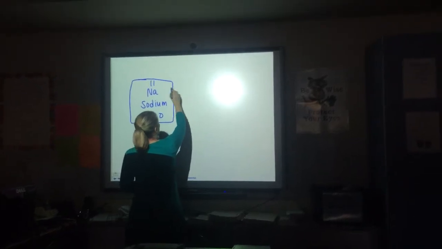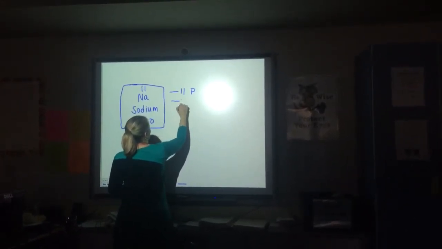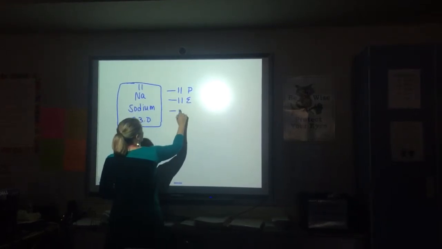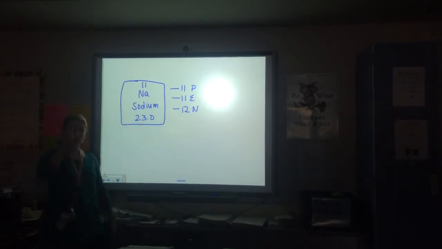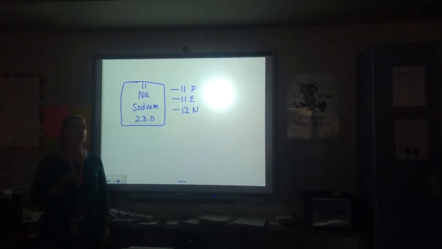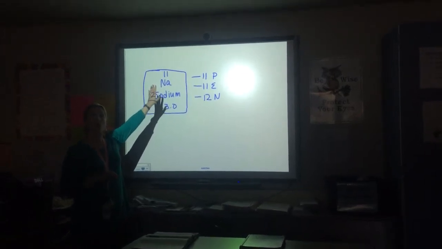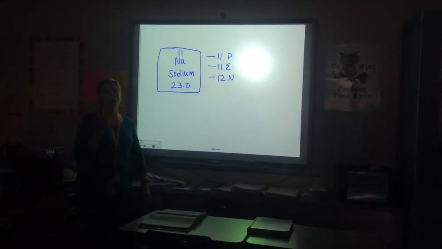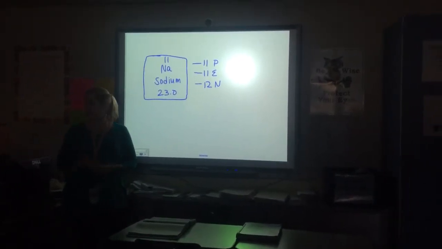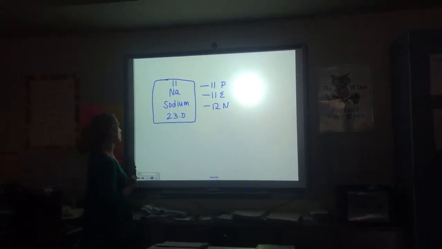So for a neutral atom of sodium, it has 11 protons, it's got 11 electrons, and it's got 12 neutrons. Now, sodium is in group 1. It's called an alkali metal. And once again, I had told you before, your metals are very reactive, especially in group 1, and your metals like to lose their electrons, which means they have now more protons than they have electrons.